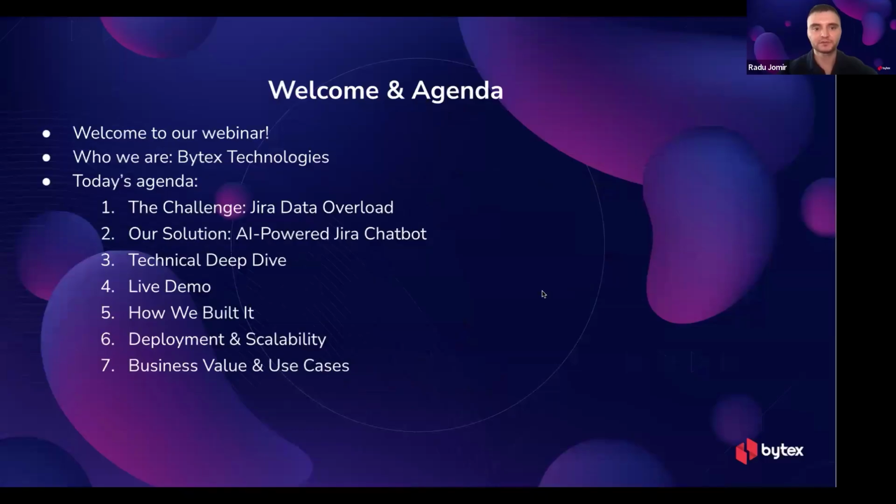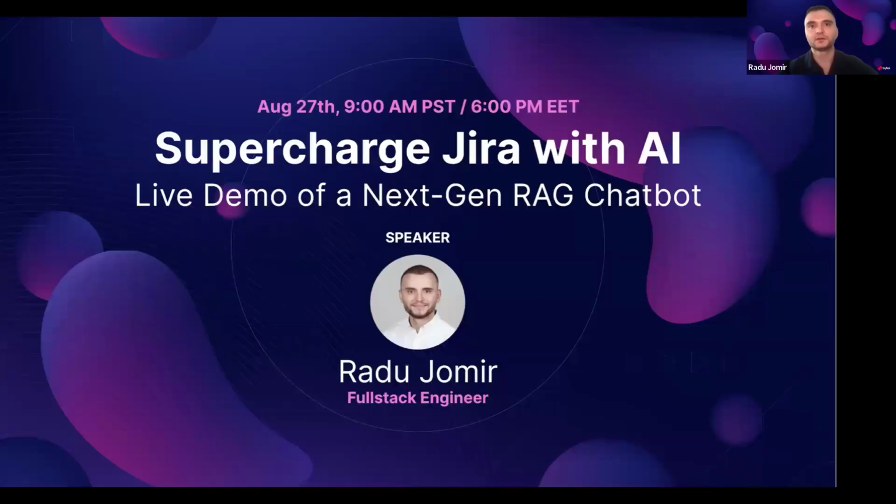All right. So welcome everyone. I'm Radu Jomir, a software developer from Bytex Technologies, and I am excited to show you something we've been working on that's really changing how teams interact with their Jira data.